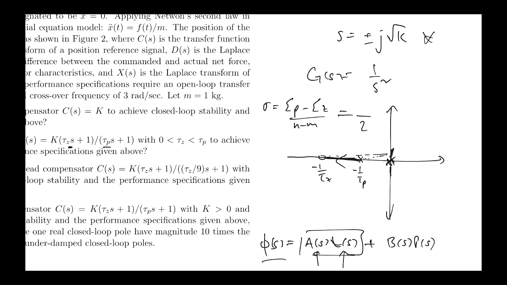Because we have 3 poles and 1 0, so n is equal to 3 and m is equal to 1, all right? And we've got a pole at minus 1 on tau p, and then we've got a 0 at minus 1 on tau z, all right?